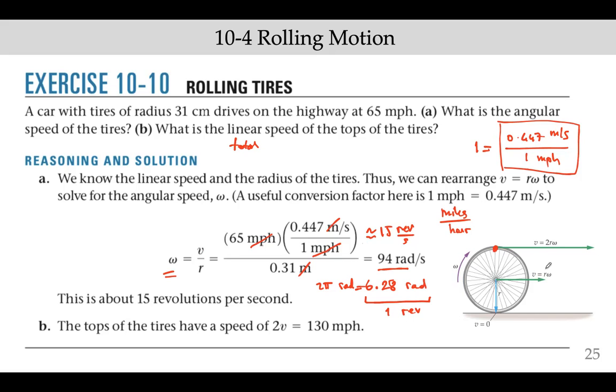Well, we learned that it would be 2 times r omega, and we know r omega is VCM. So this is basically 2 VCM. So if VCM is 65 miles per hour, then this will be just multiplied by 2, 130 miles per hour.